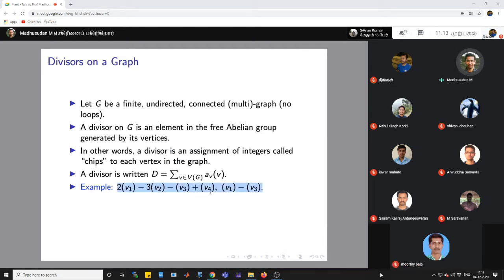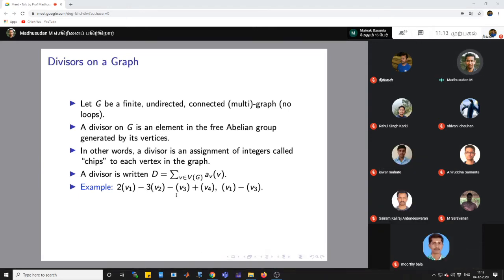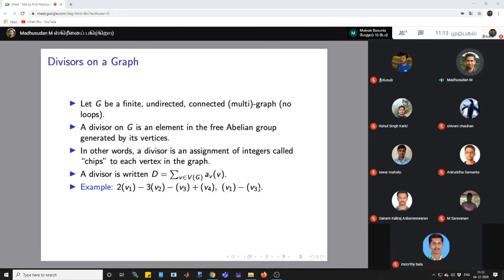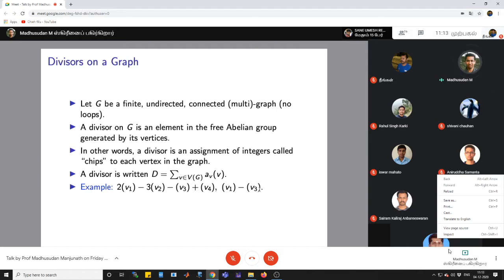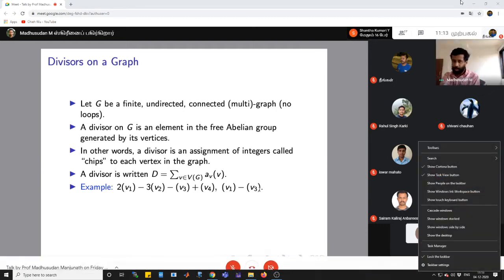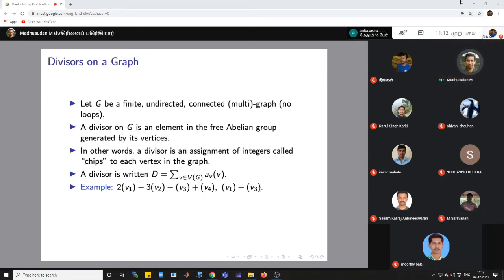So you're assigning chips to every vertex. So v1 gets 2 chips, v2 gets minus 3 chips, and so on. And similarly, the second example also is a divisor, where you are assigning one chip to v1, minus 1 chip to v3, and 0 chips to all other vertices. So that's what we mean by divisors, right?